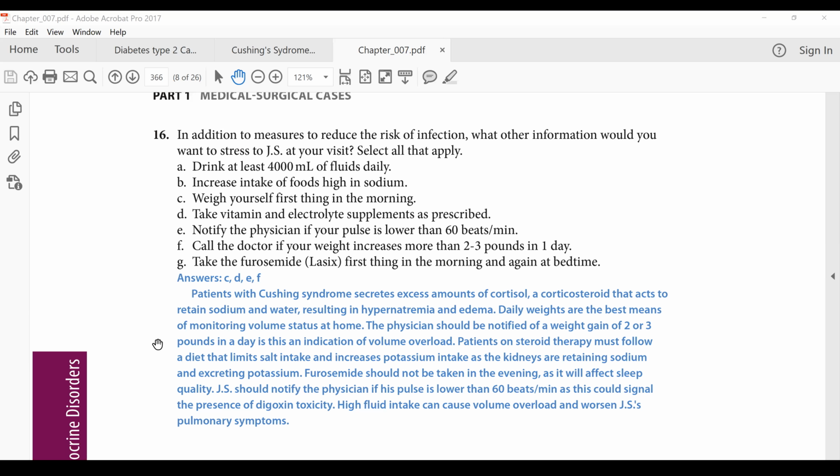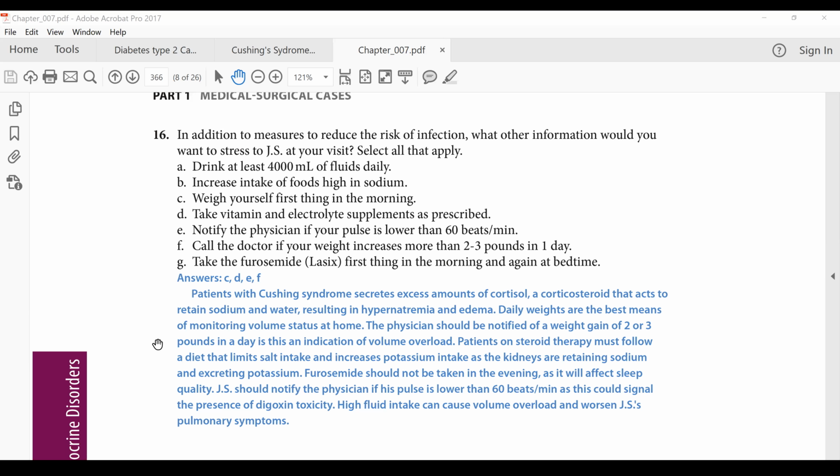So what will be our interventions? What do we need to monitor for? Oh, constipation. Will they have constipation or diarrhea? Which one, guys? Diarrhea. Okay.